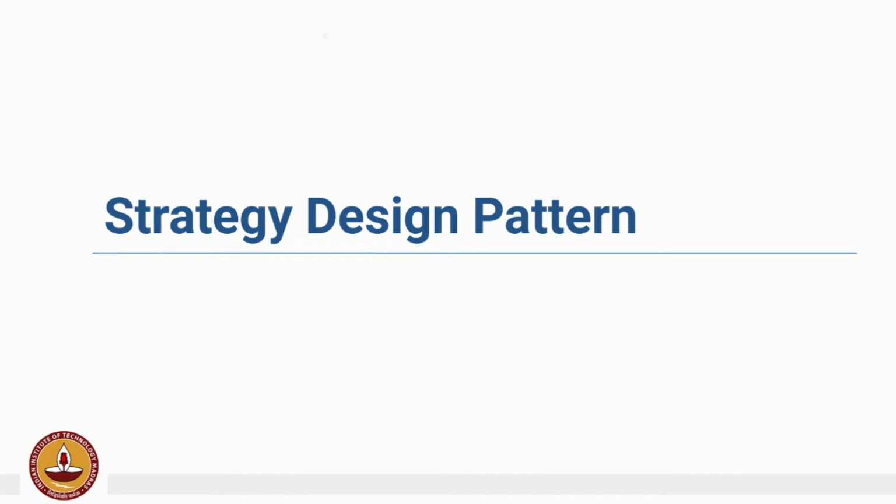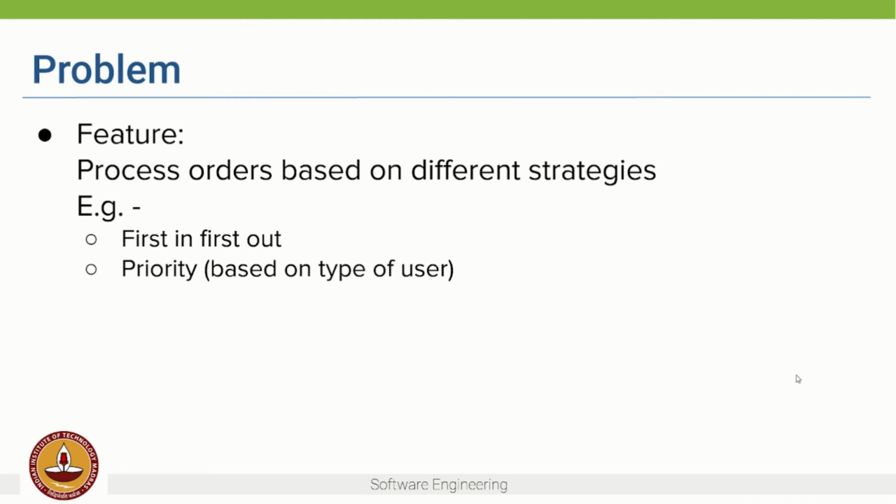Now let's look at another design pattern known as the strategy design pattern. So let's say you want to implement a feature where you want to process shopping orders based on different strategies. For example, one strategy is first in, first out, where the orders which come first are processed first.